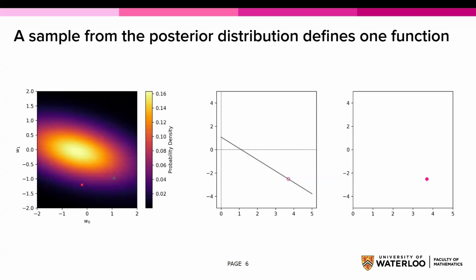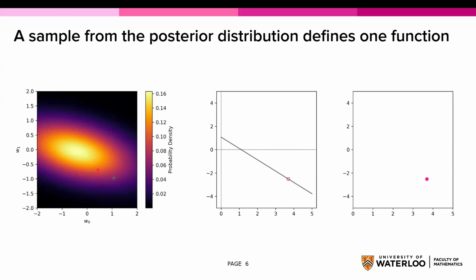When we draw a sample from this distribution, we're selecting one point in weight space. Let's consider this gray cross here as one such sample. This gray cross gives us one sample from weight space, which in this case would correspond to a bias of around 1, and a slope of -1.